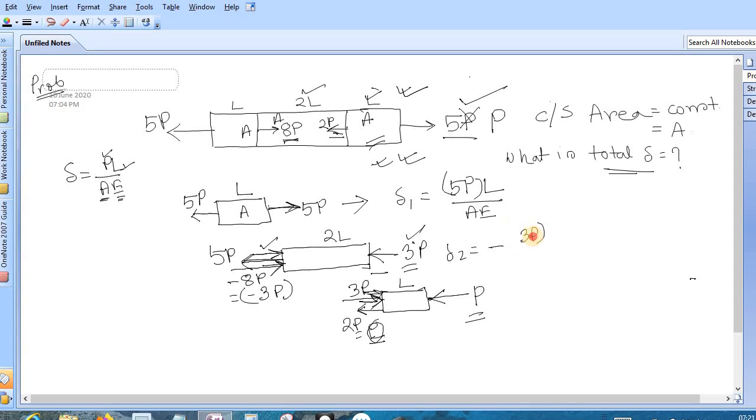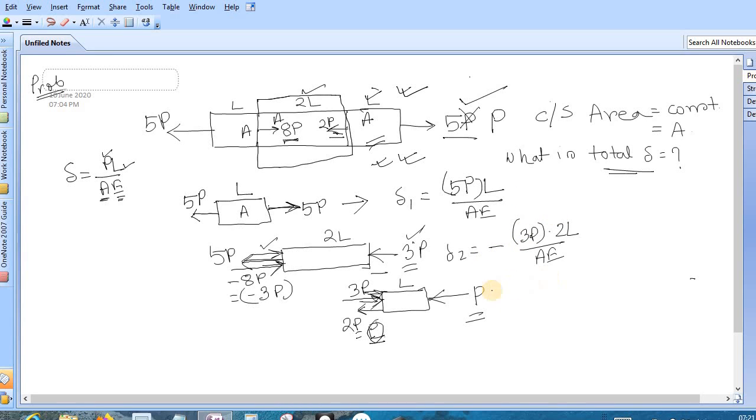Load is 3P into length 2L divided by AE. Let's say here the cross sectional area was 2A, in that case this should be 2A. But it is not here, so we will remove this 2.